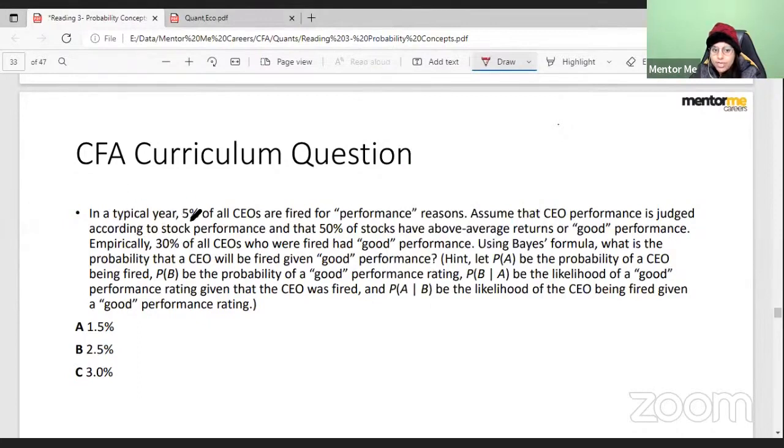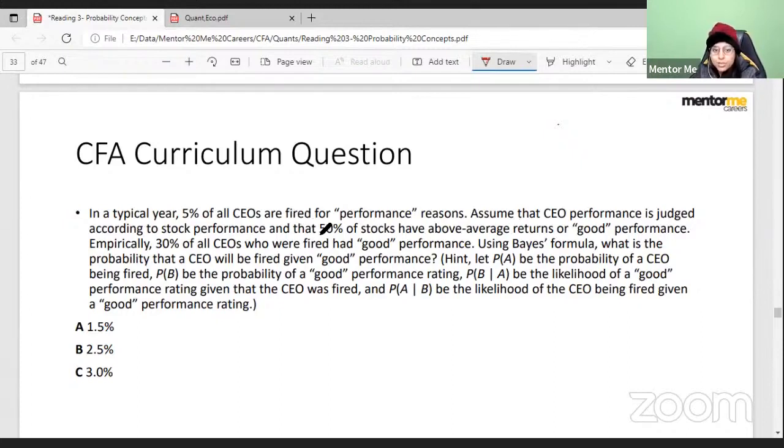So in a typical year, 5% of all the CEOs are fired for performance reasons. Assume that the CEO performance is judged according to the stock performance and that 50% of the stocks have above average returns or good performance.